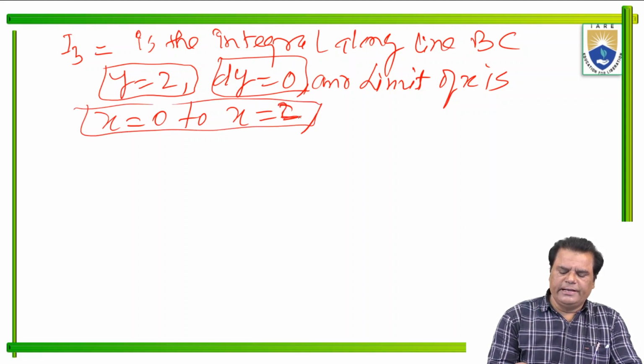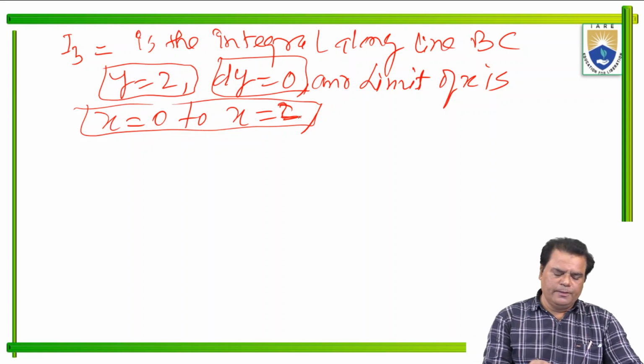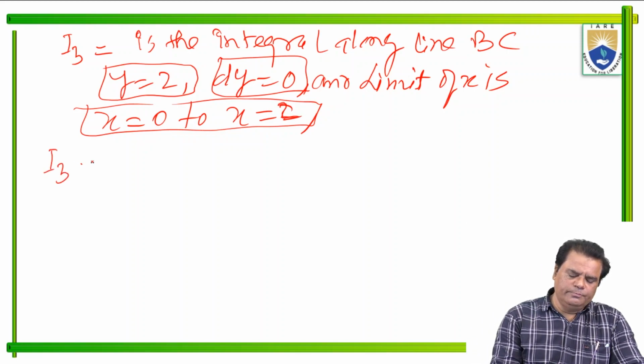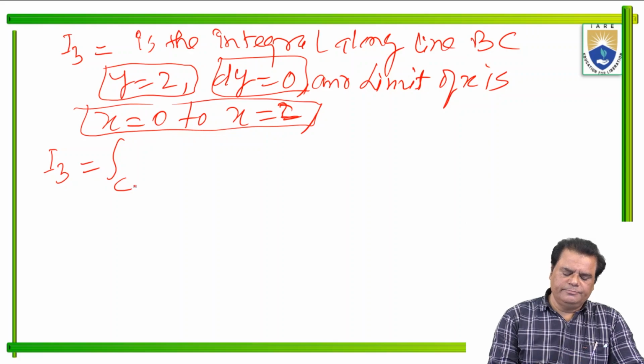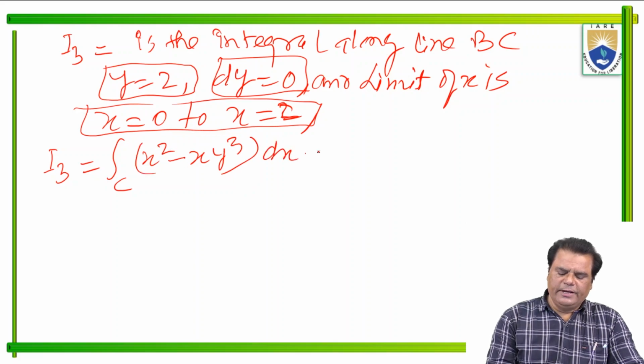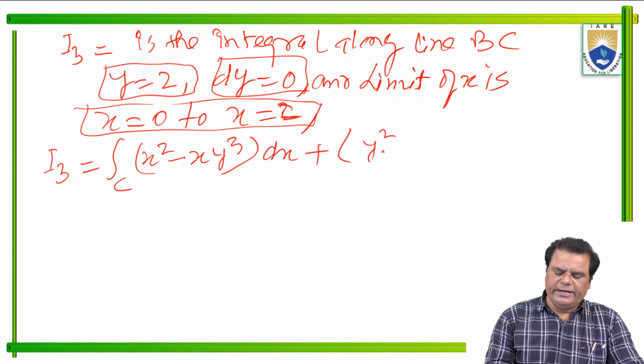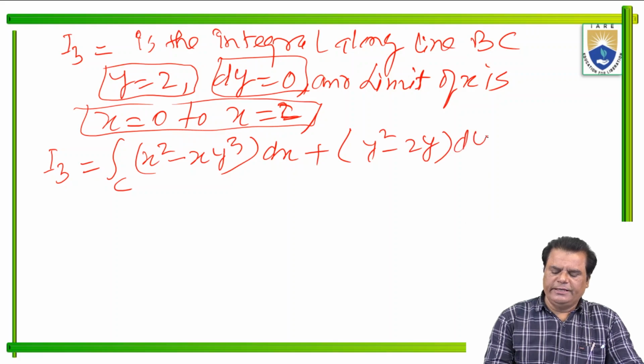So I3 equals the integral of x square minus xy cube dx plus y square minus 2y dy.